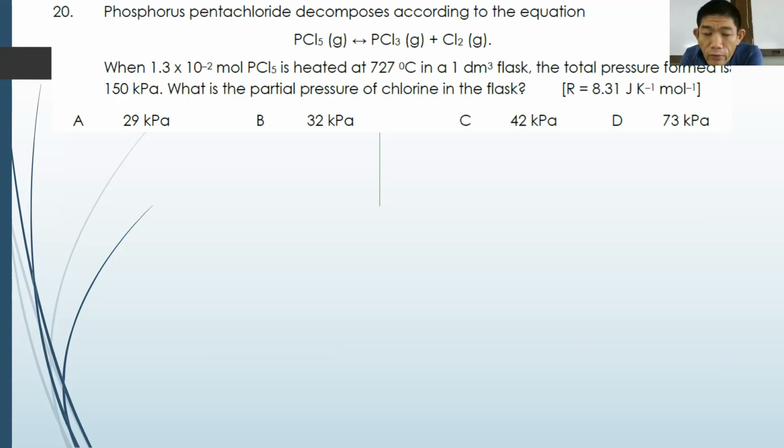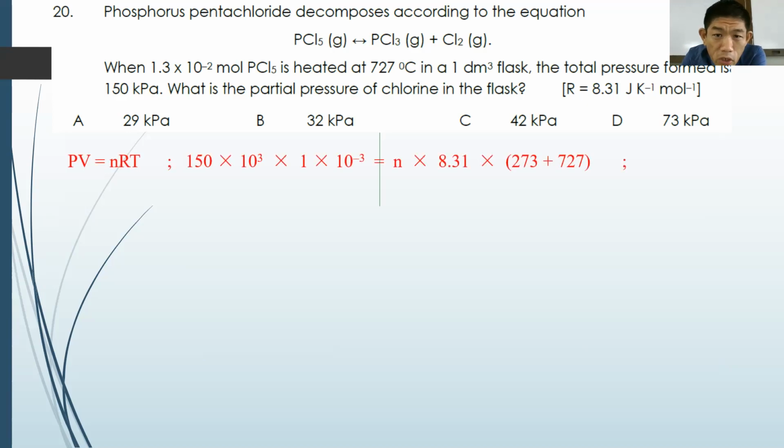First of all, you use the PV equals nRT equation to get your total number of mole. So at 150 kilopascal, that is 150 times 10 power of 3. And as I told you, if you use PV equals nRT, your volume must be in meter cube. But here, the volume is a 1 decimeter cube vessel, so to convert from decimeter cube to meter cube, you times 10 power negative 3.